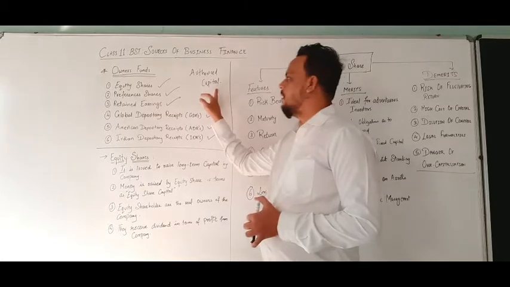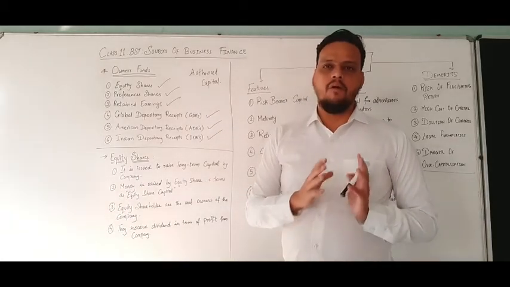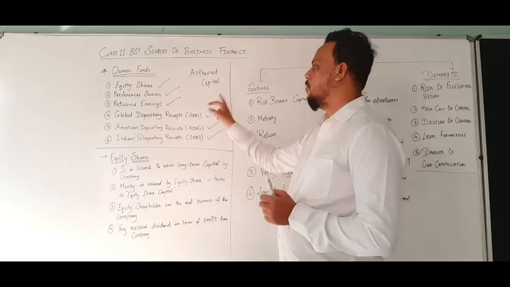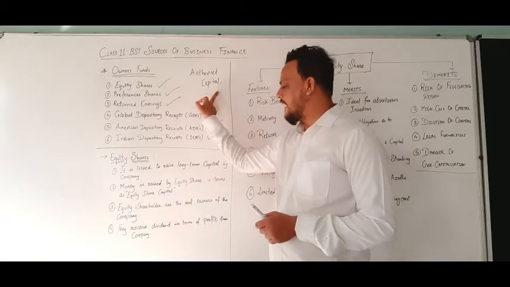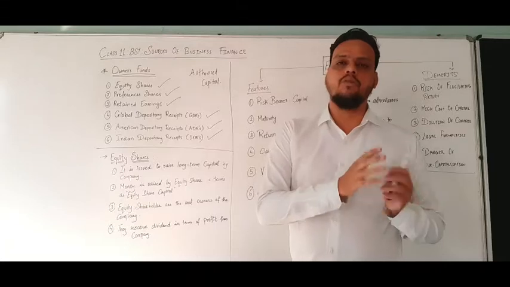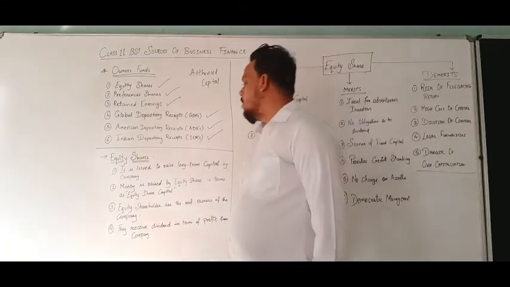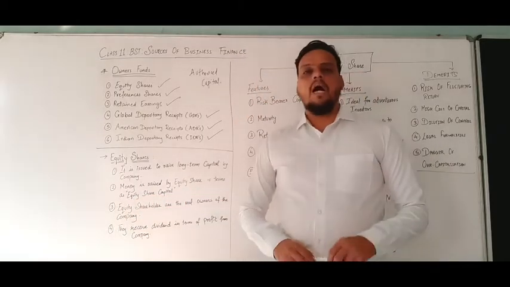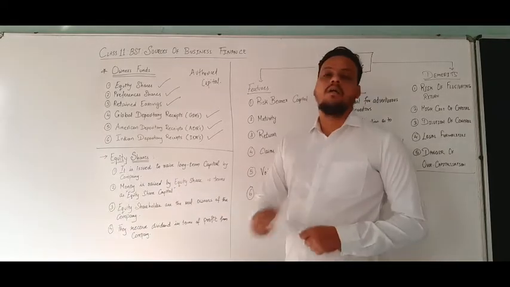The authorized capital amount is fixed by the company at the time of registration. In the MOA, the authorized capital is specified. According to that authorized capital, equity shares are issued in the general market. Be careful with this. Now, those who invest in equity share capital are also known as shareholders.